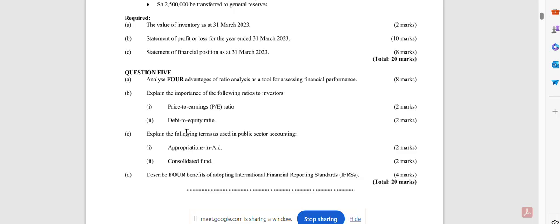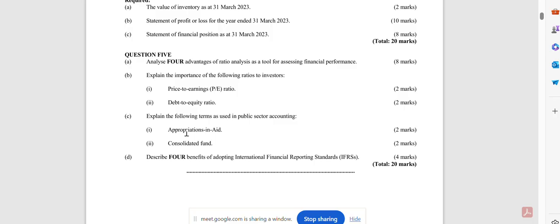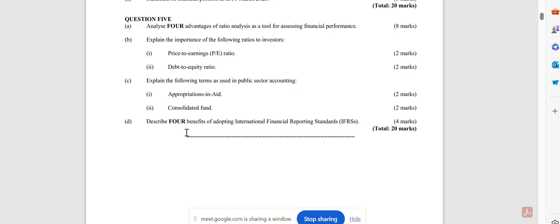You must have permission from the members of Parliament. Number 2, authority from the Controller of Budget. And then number D, describe 4 benefits of adopting International Financial Reporting Standards.